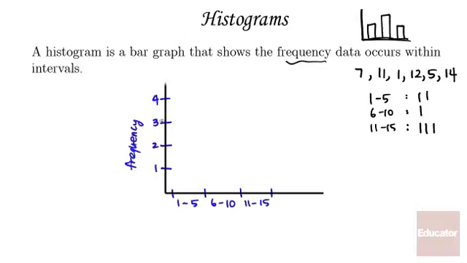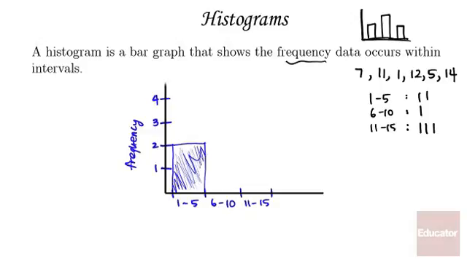So now all I have to do is create my bars. The first one, 1 through 5, what's the frequency for that? 2. So I'm going to graph that. I can shade it in.